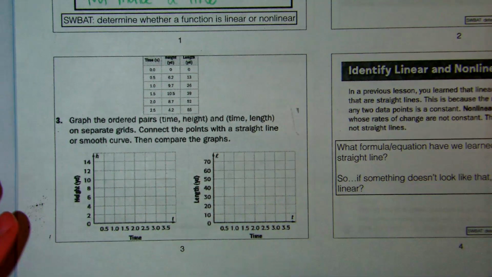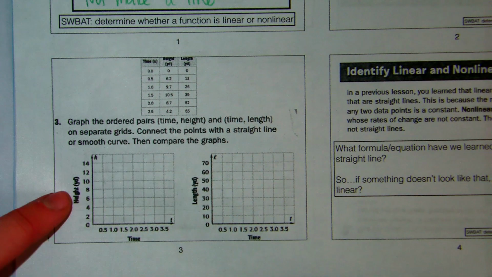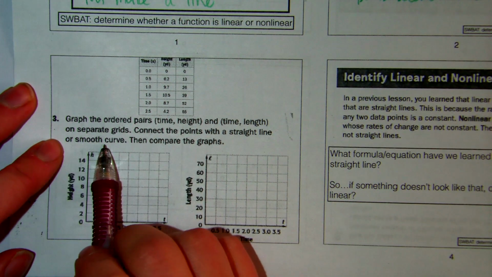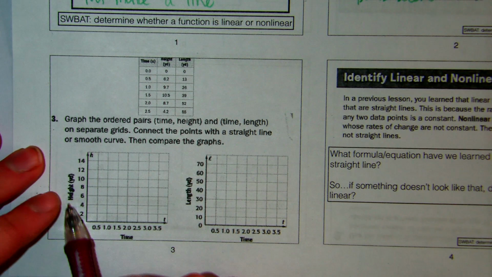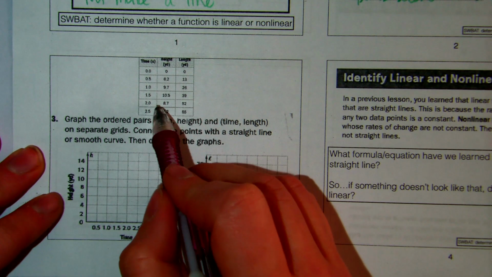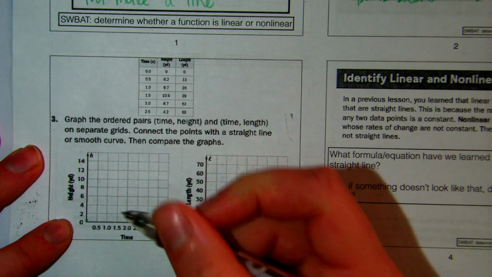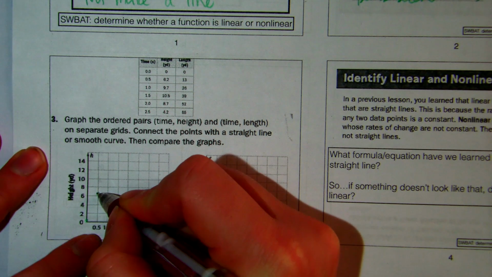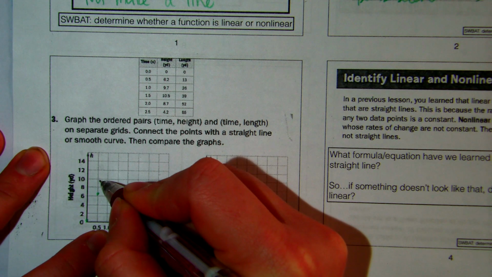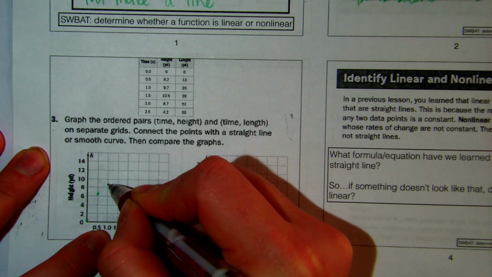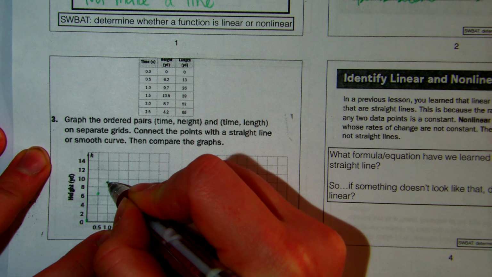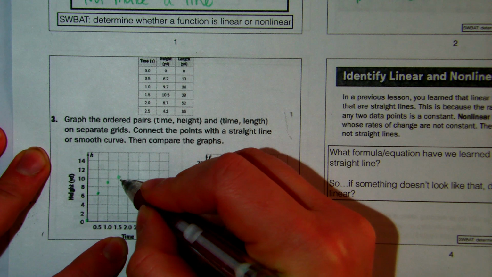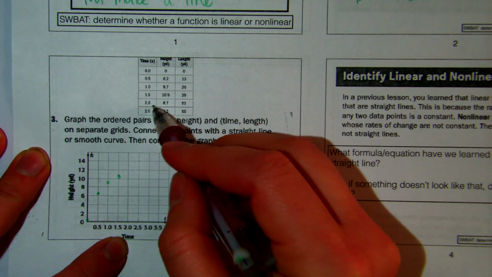Okay, now they're going to ask us to graph to kind of prove it. Graph the ordered pairs, time and height, and time and length on separate grids. Connect the points with a straight line or a smooth curve, then compare the graphs. So this is height and time. So 0, 0, a half and 6.2, 1 and 9.7, 1 and a half and 10 and a half, 2 and 8.7.